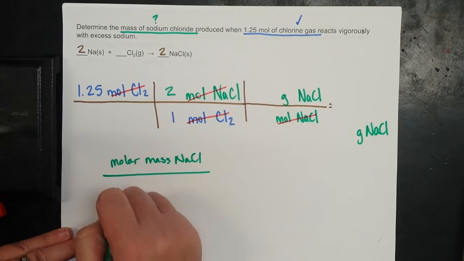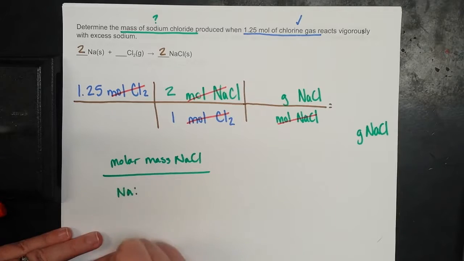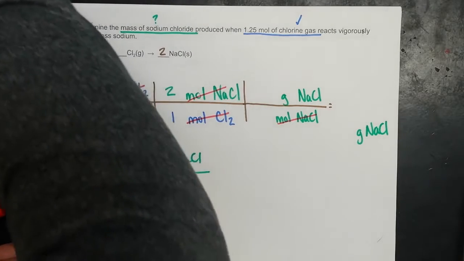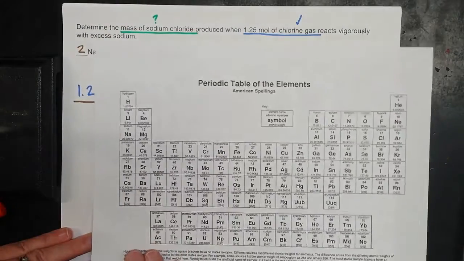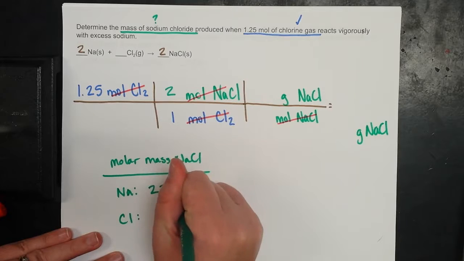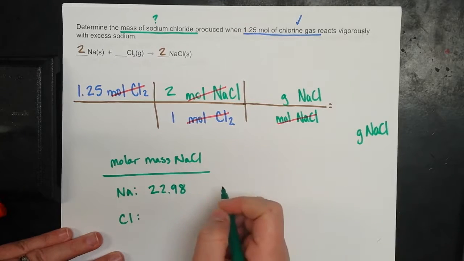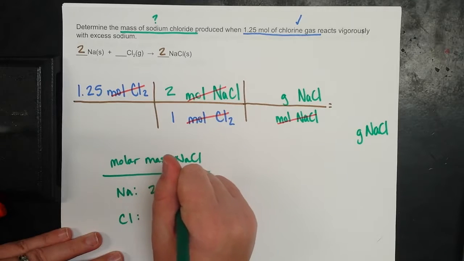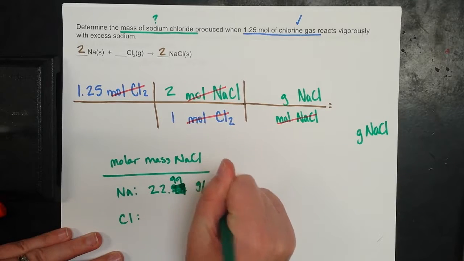I'm going to do that by taking the mass of sodium and the mass of chlorine. Sodium, and remember we get these from the periodic table. Sodium's molar mass is 22.98 or 99. It doesn't really matter. We'll do 99 since we've been rounding the same. So 22.99 grams per mole.